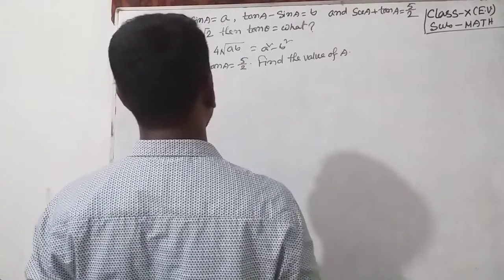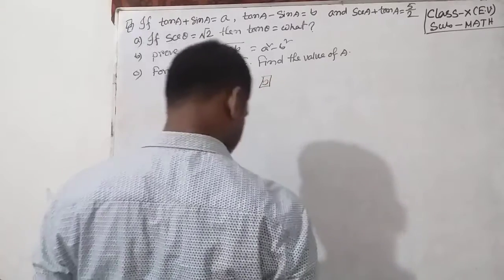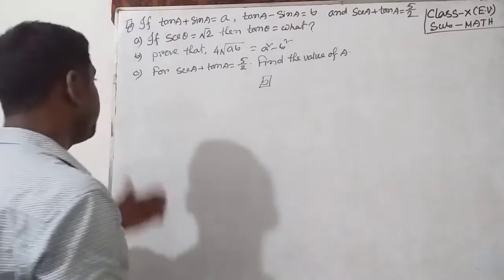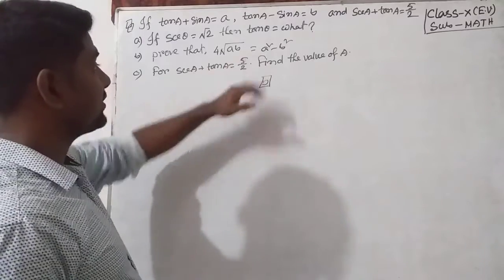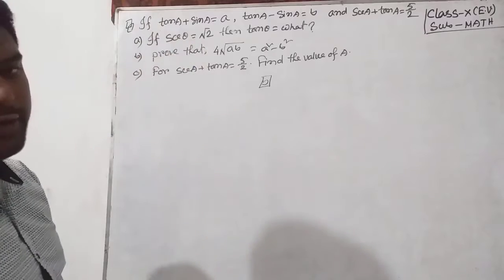Number B, prove that 4 root over ab equals a square minus b square. So we need the value of a and b.